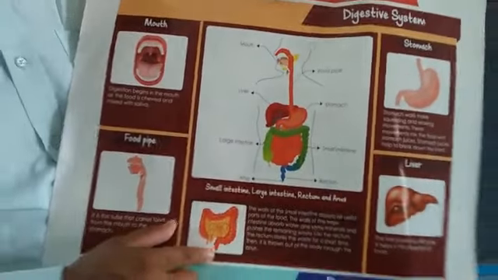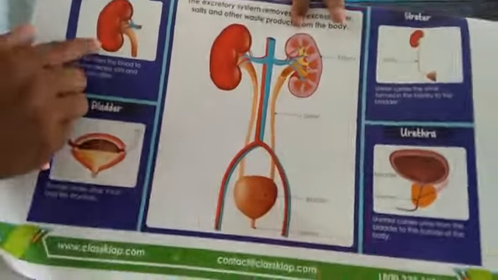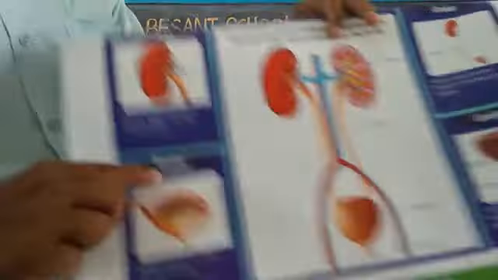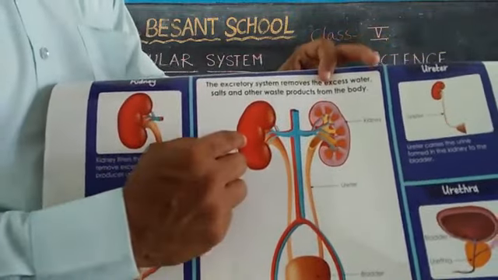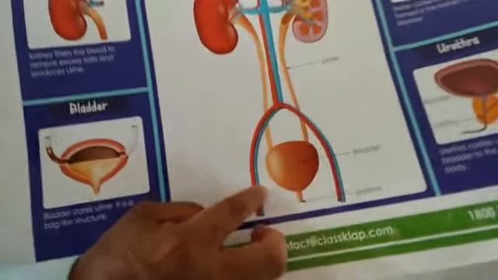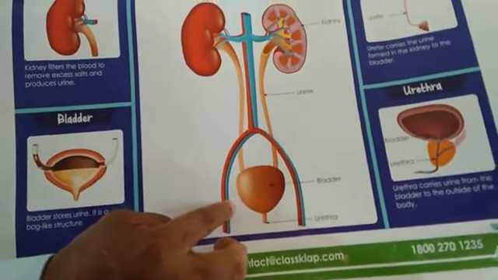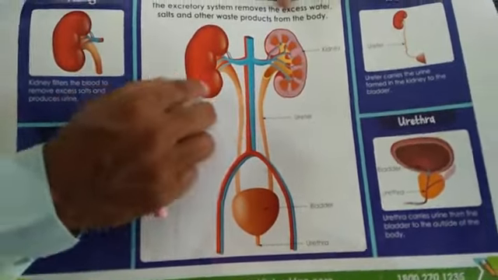Okay, next. Below the stomach you can see a pair of kidneys present. A pair of kidneys, ureter and the urinary bladder together form one system called the excretory system.